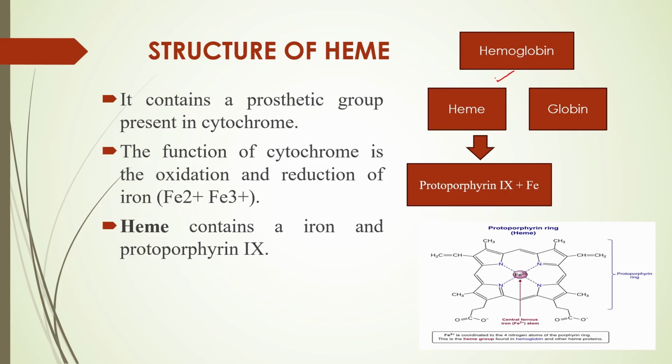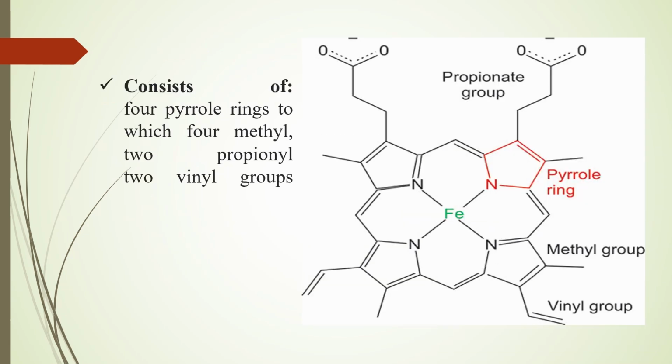Here it is formed from the heme molecule and the globin molecule. The heme molecule comprises protoporphyrin 9 and the iron molecule in the form of Fe2 positive. This is the protoporphyrin ring. It consists of 4 pyrrole rings, as shown in this figure: 1, 2, 3 and 4. These are 4 pyrrole rings and 4 methyl groups.